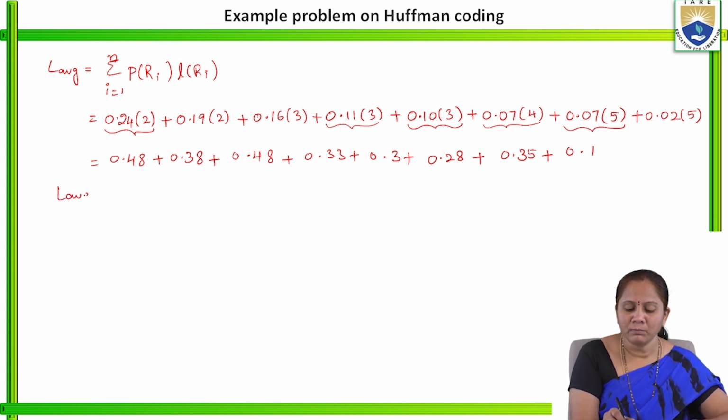So if we simplify this step, then we will get the average length as 2.7.